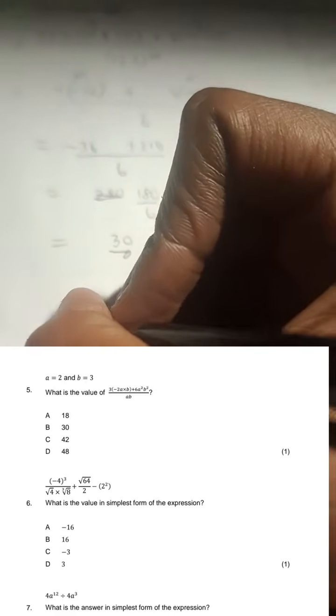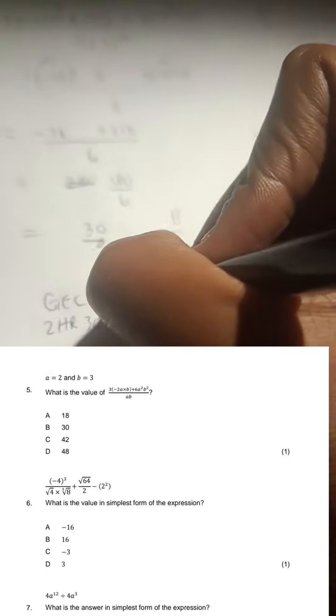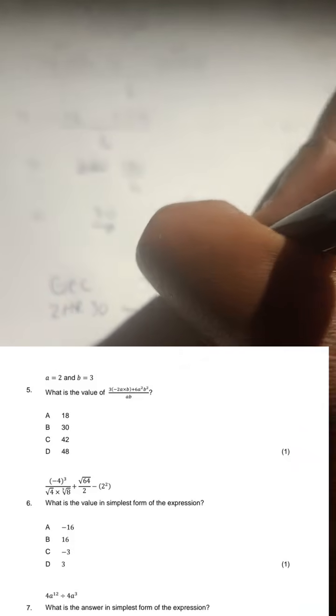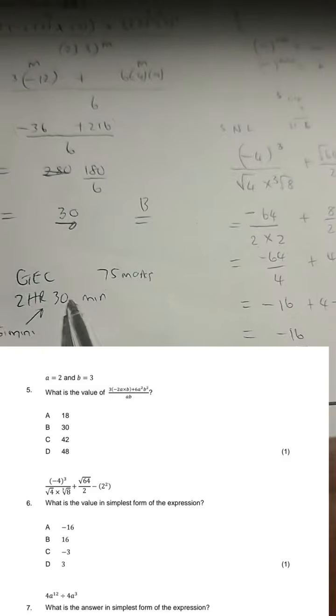Guys, for those who will be writing GEC, you have 2 hours 30 minutes. The paper is 75 marks. You have more than enough time to make sure you are spending at least a good 5 minutes on each question, and that you are first working out the question.